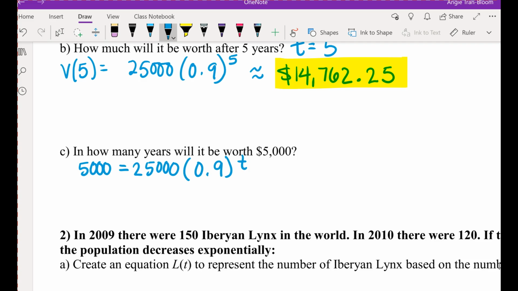Remember, I do not want you to round until the very, very end. That's why I'm teaching you a new button on your TI. Whatever decimals you have, hit math and hit fractions.